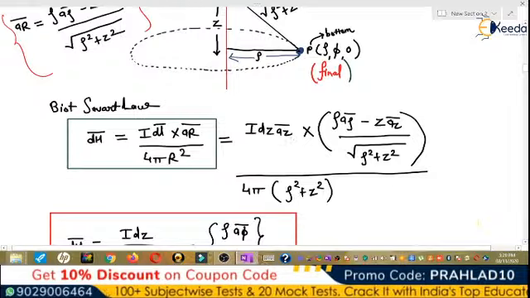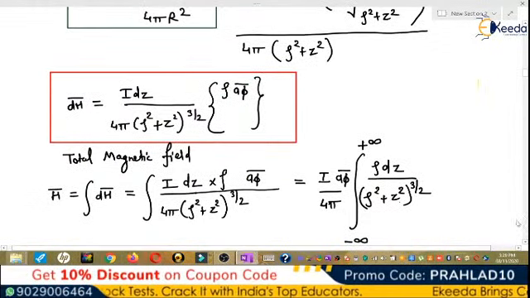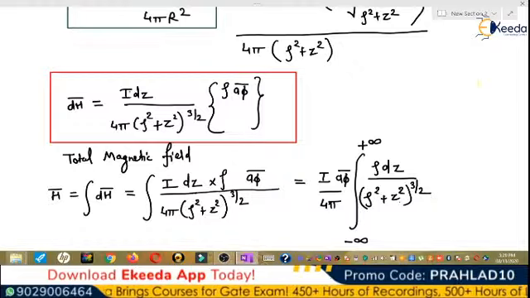When we take the cross product, az cross a_rho is a_phi, and az cross az is 0. So dH vector is I dz upon 4 pi (rho square plus z square) to the power of 3 by 2, times rho a_phi.